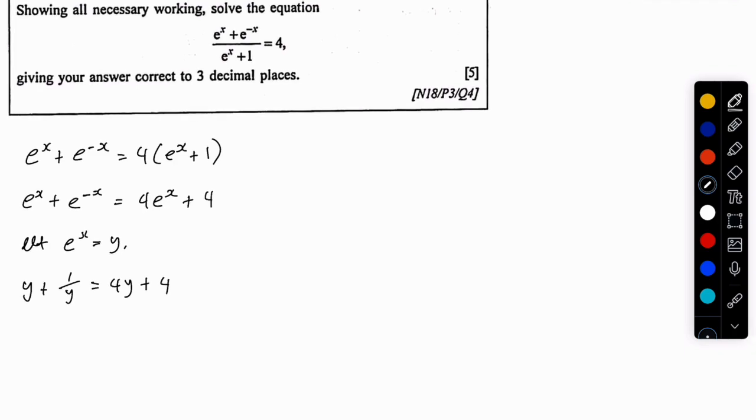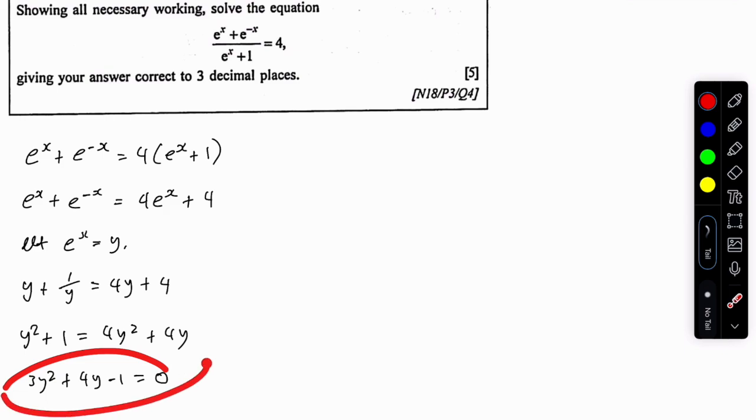If we times by y, we get y squared plus 1 is equal to 4y squared plus 4y. Which tells us that 3y squared plus 4y minus 1 equals 0.